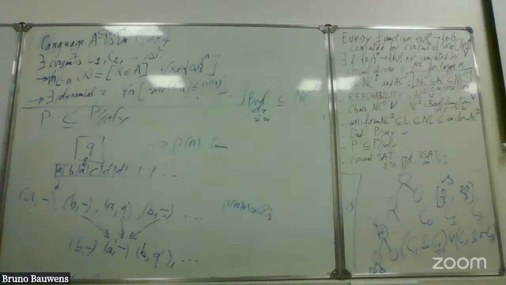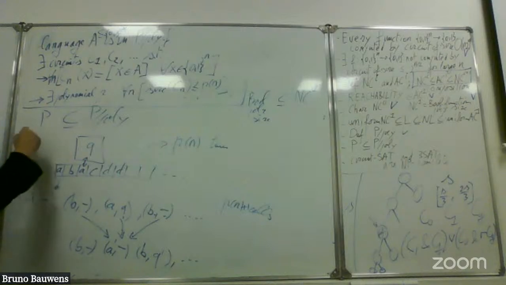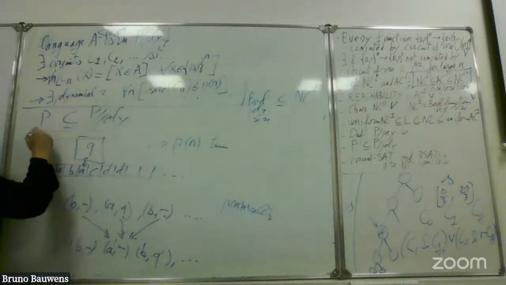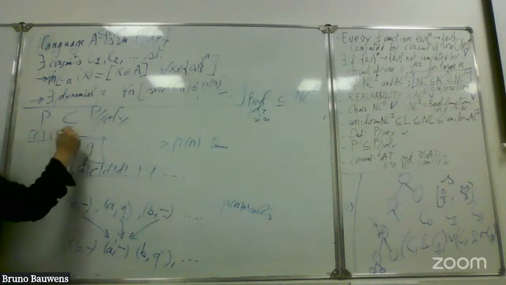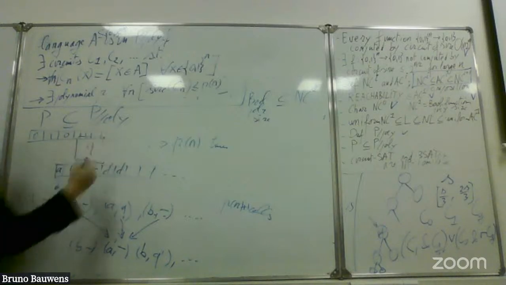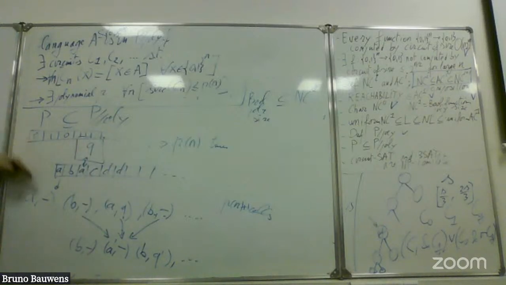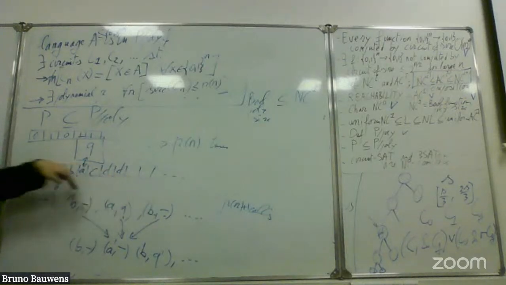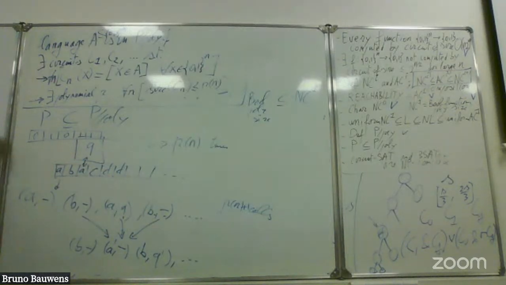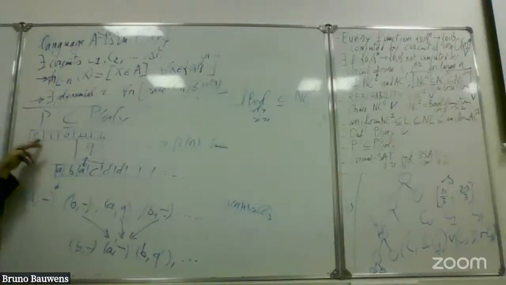Okay, so what we do now is we have our input. We prepare a string that encodes the input. On the tape there is 0, 1, 0, 1, whatever, the input string, and we encode it according to our sequence in binary. This can also be done by an NC0 circuit, because each cell depends only on one input bit.